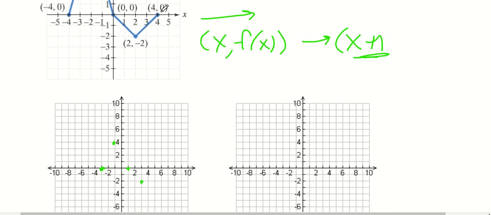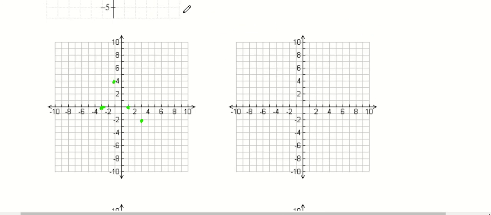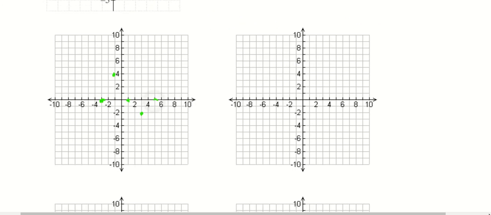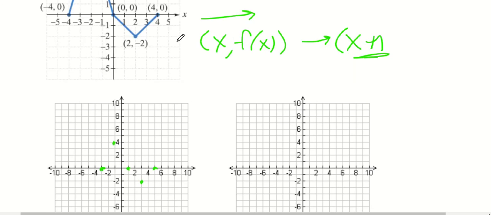And the point that was at 4, 0 now gets moved 1 to the right and now appears at 5, 0. So we can now go ahead and graph that portion of it. It's going to look like this. And that part would represent the graph of f of x minus 1.